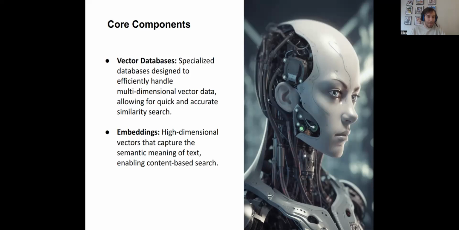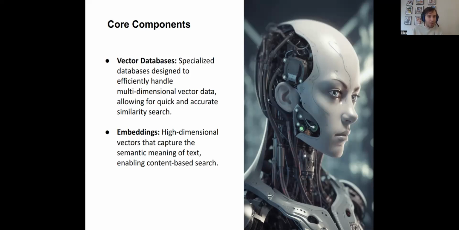And embeddings, on the other hand, are the soul of the content residing in these databases. Embeddings play the role of converting text into numerical forms, vectors to be precise. These are not just arrays of numbers, but are impregnated with the rich semantic essence of the original text.